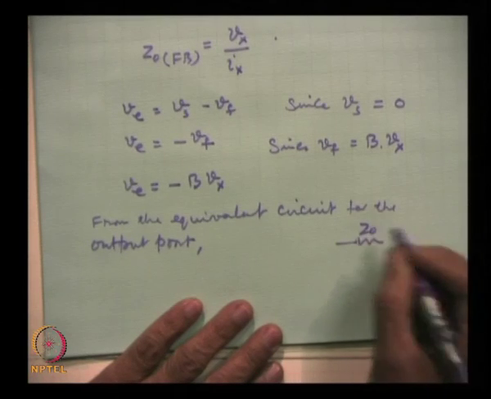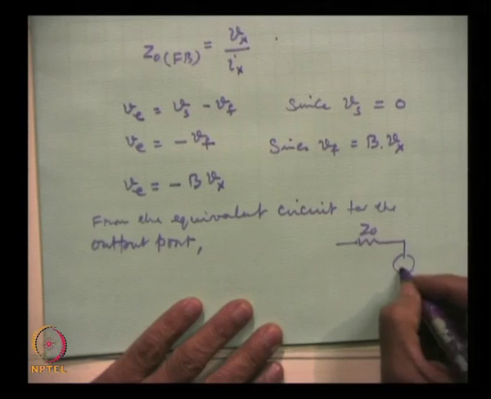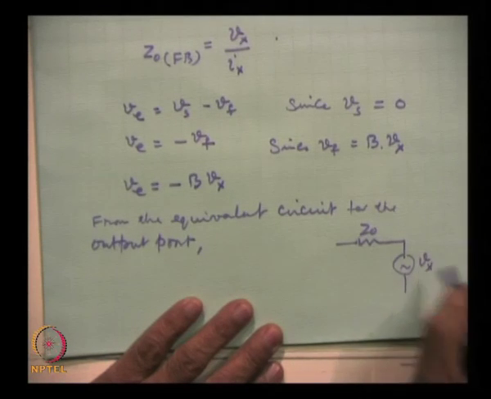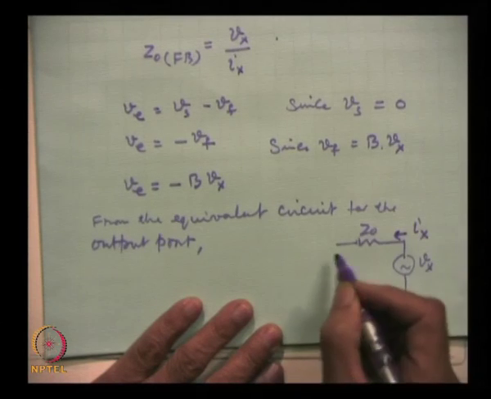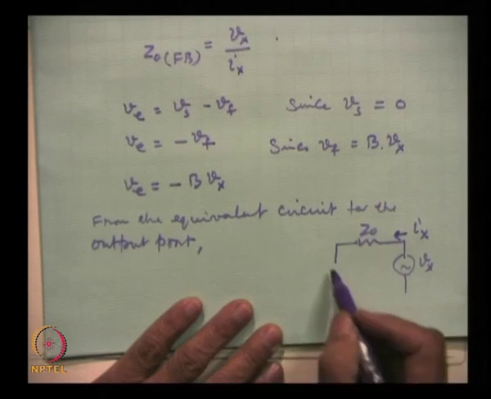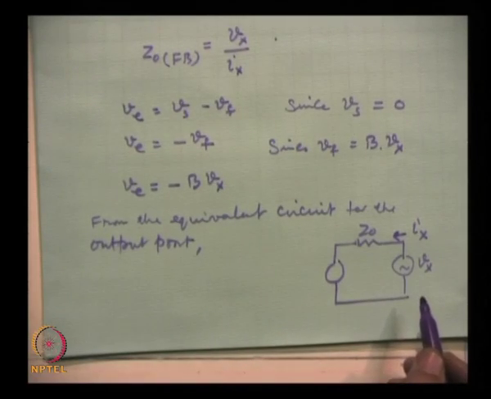This is the impedance Z0, and here we have connected V x, which has sent current I x, and here is another voltage source.